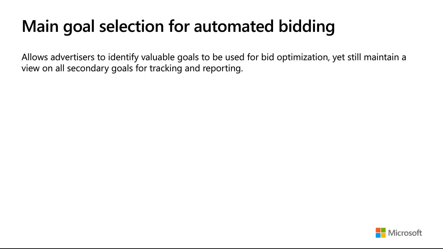Some are more valuable than others, and advertisers want to center their bids around those conversion actions, for example, people who have made a certain purchase. So with this feature, we are now giving advertisers the ability to identify those valuable goals they want to be used for bid optimization, but at the same time, they can also maintain a holistic view of all those secondary goals for their tracking and reporting purposes.